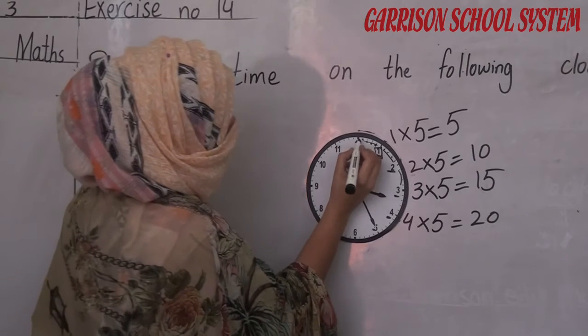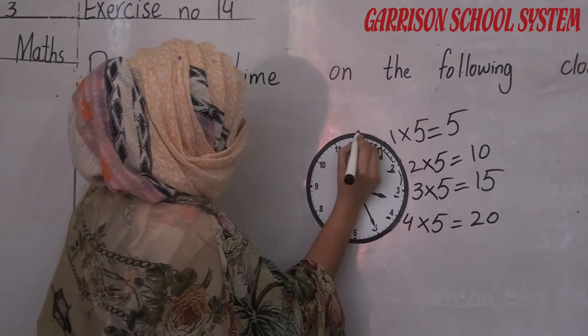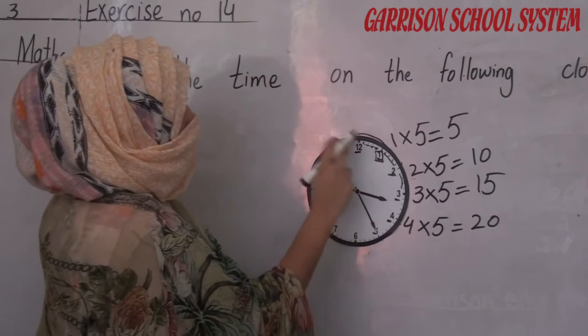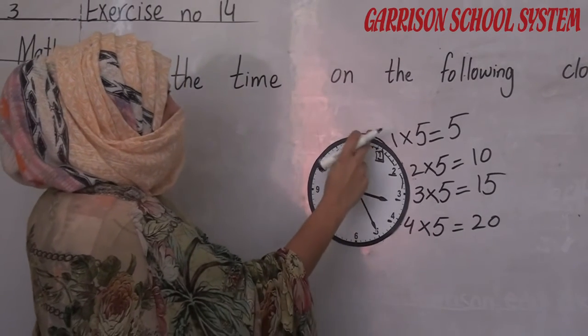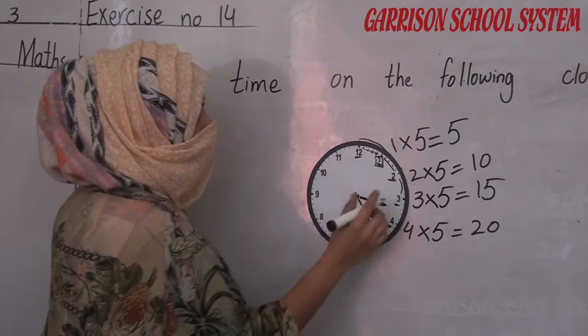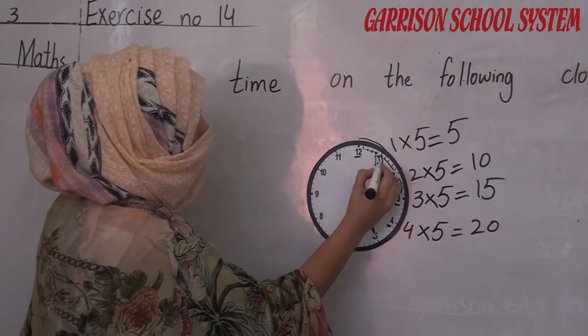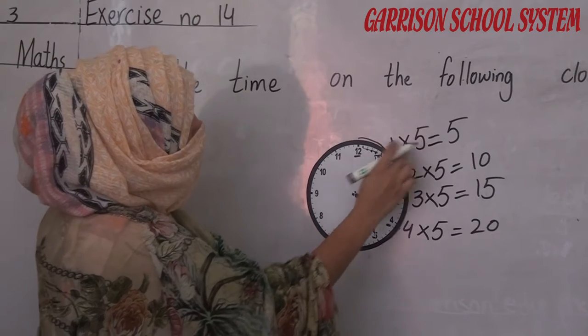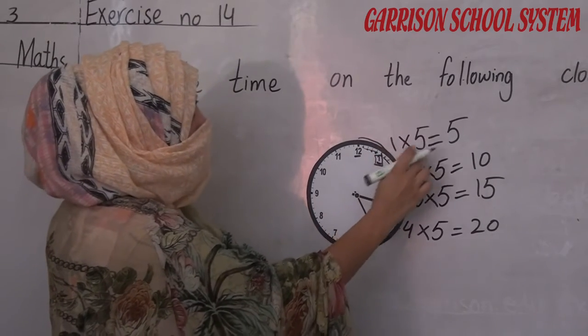As you can see, there are 5 lines between both number 12 and 1. Between both of numbers there are 5 lines. So we have to multiply these lines by the number which is given here. Here is given number 1, so we have to multiply 1 by 5.